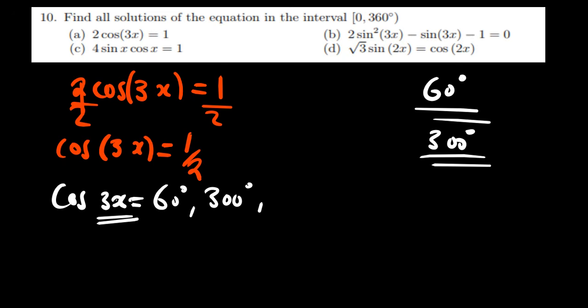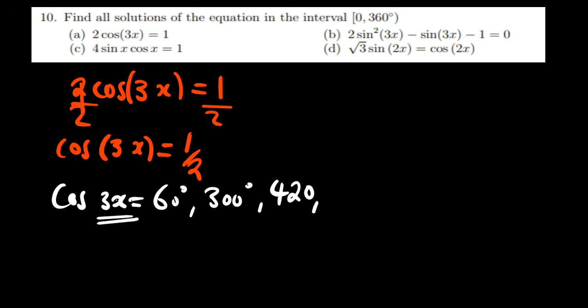So to 60, when I add 360, what am I going to have? 360 plus 60, I'm going to have 420. Now I also need to add the 360 to 300. So this is 300, this is 360, I'm going to have 660. Okay, we've made the second revolution.